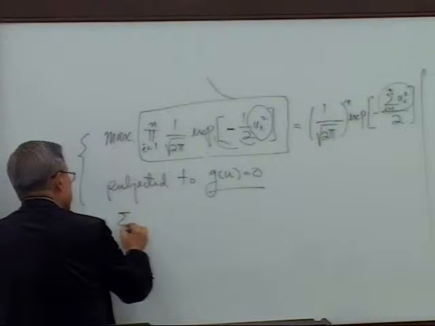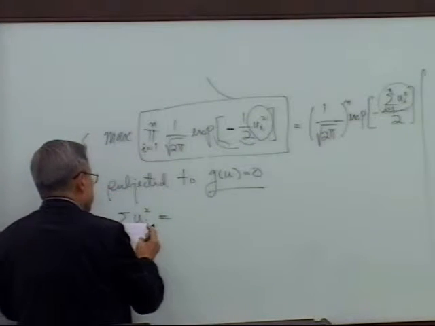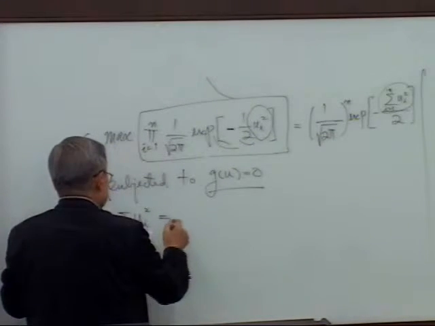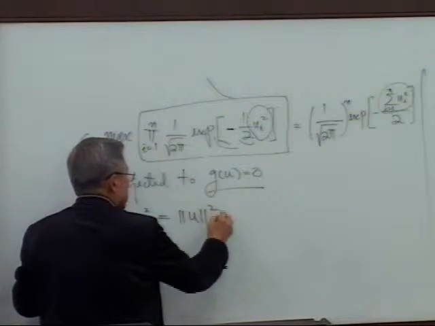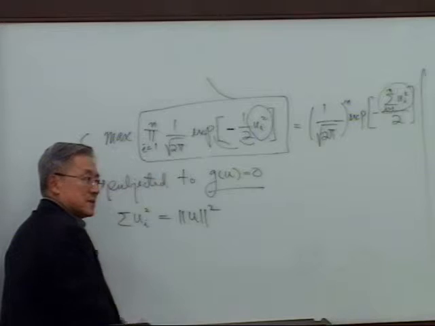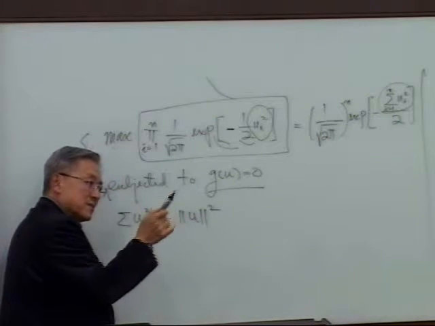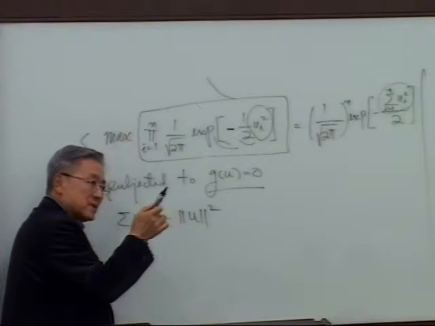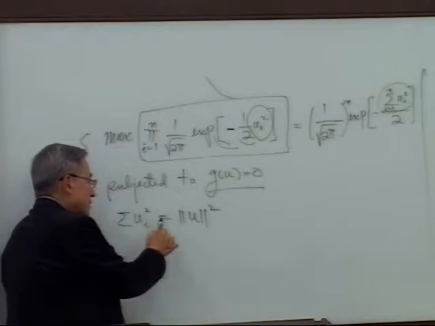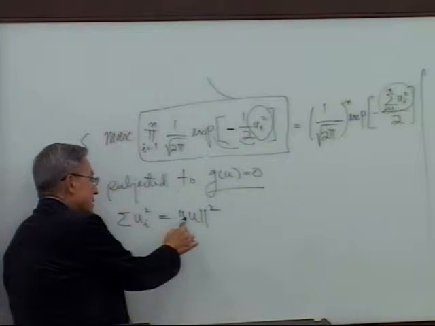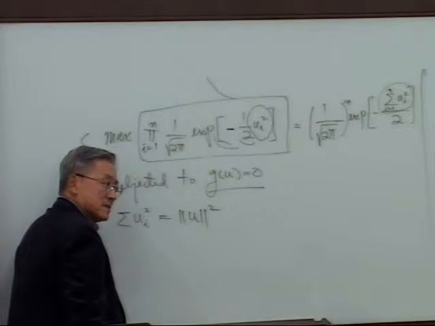So this is equal to the norm of the u square. This is the square of each, the vector, each random variable square is equal to norm of the square.